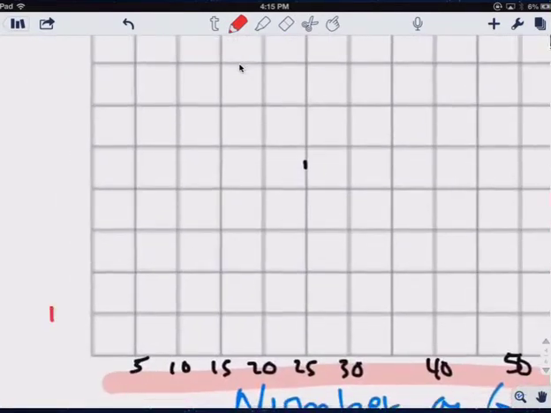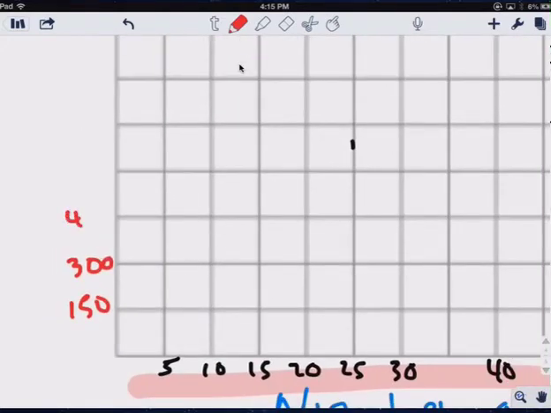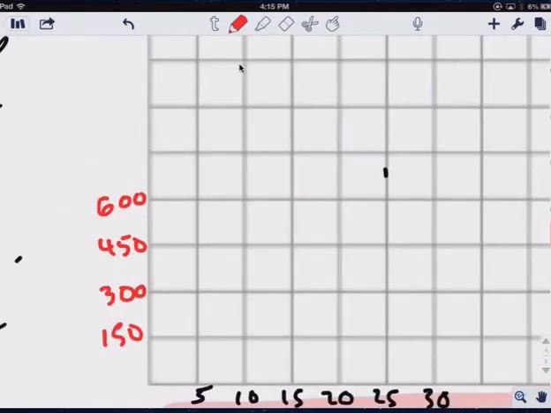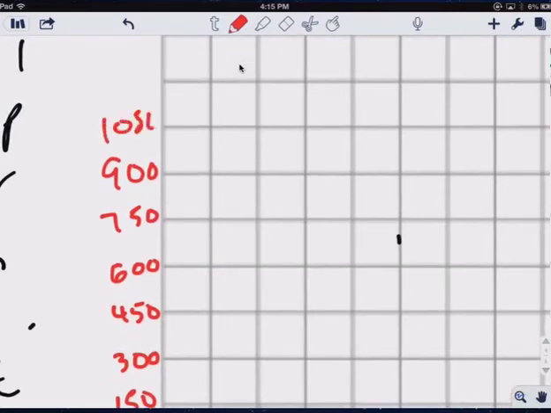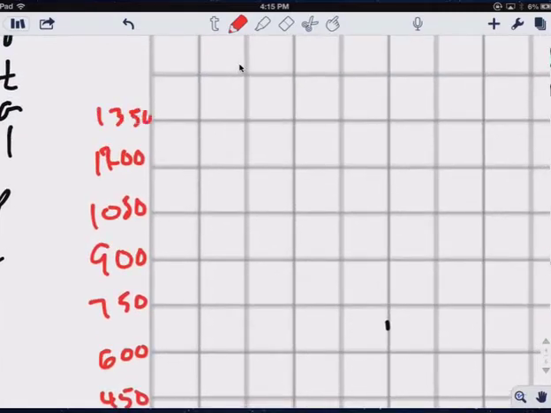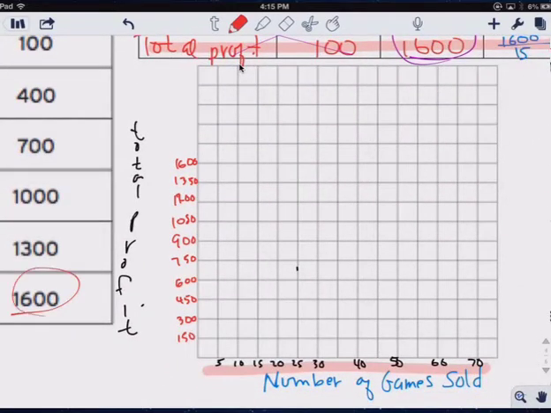Okay, we'll go 150, 300, 450, 600, right? 750, 900, 1050, 1200, 1350, 1600. Okay, let's stop here because that's our maximum number.